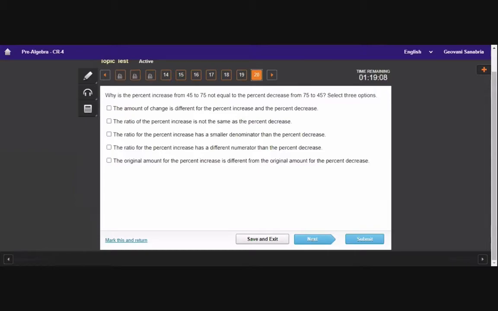That's also true. The ratio for the percent increase has a different numerator than the percent decrease. No, that one's not true. It's the second to last one and the first one that are wrong. The original amount of the percent increase is different from the original amount of percent decrease.